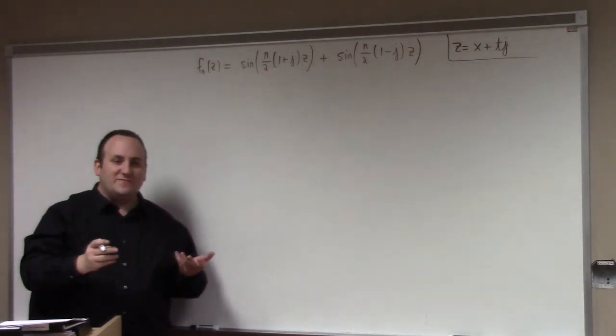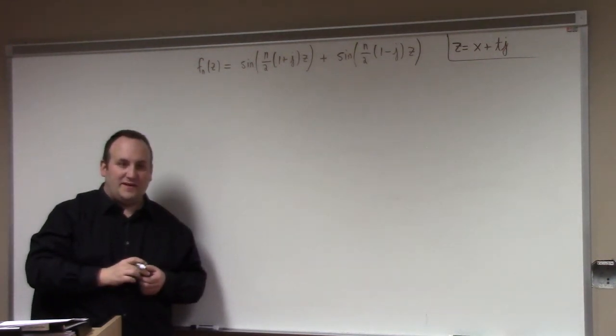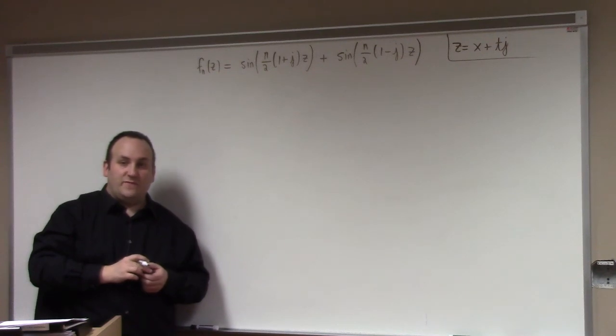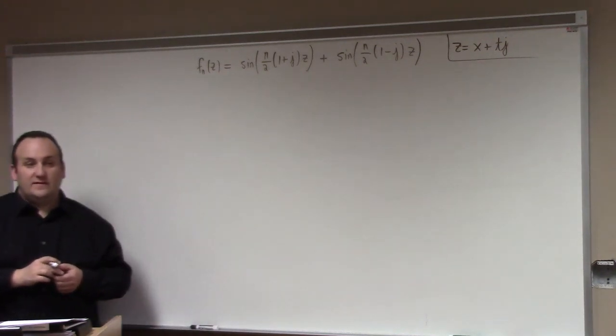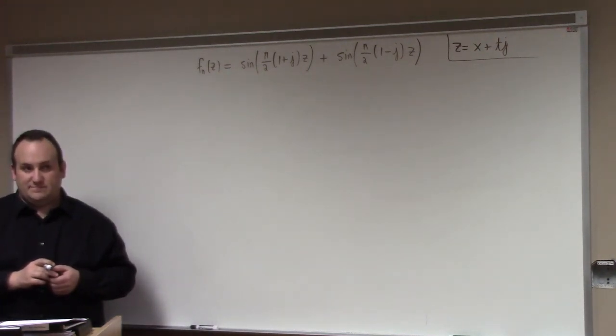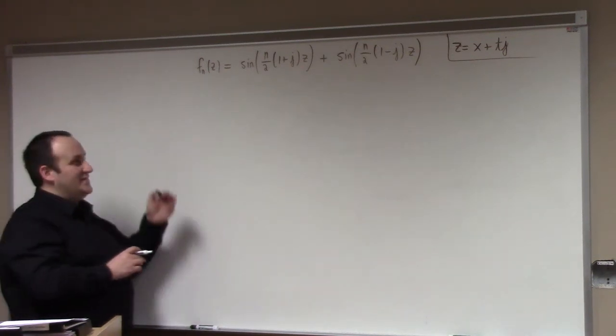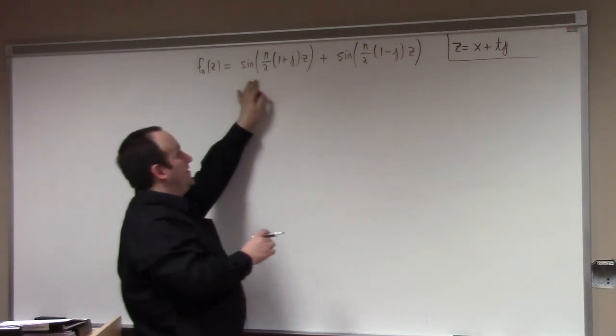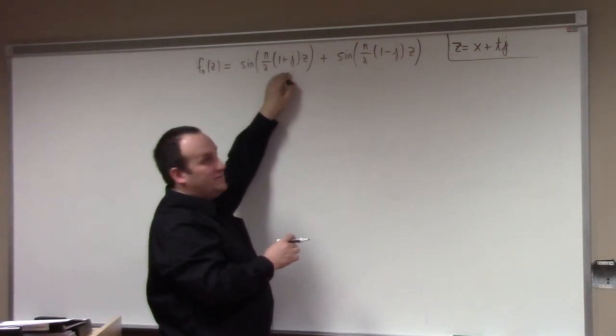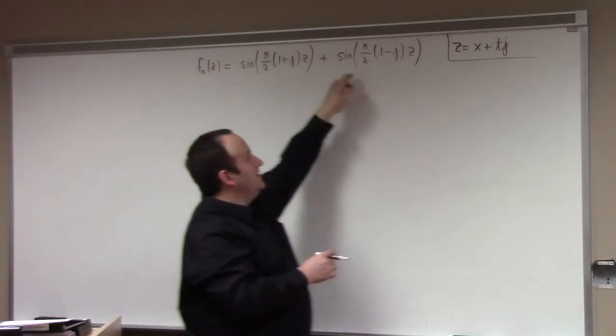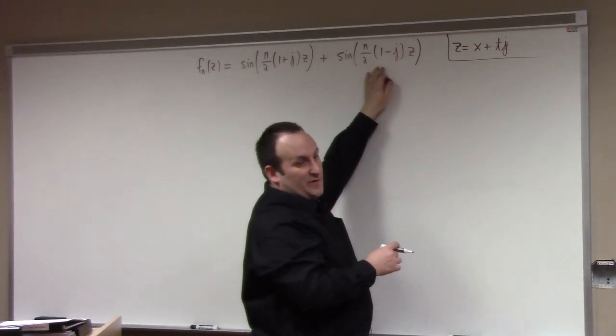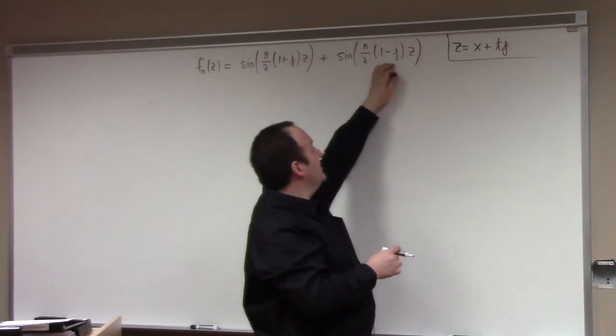So one form of the hyperbolic Cauchy-Riemann equations was what? Partial f partial z bar is 0. The chain rule works. If you differentiate this with respect to z bar, you get cosine of that stuff times the partial derivative of this with respect to z bar, plus cosine of this stuff times the partial derivative of that with respect to z bar. The stuff in the front is a constant.